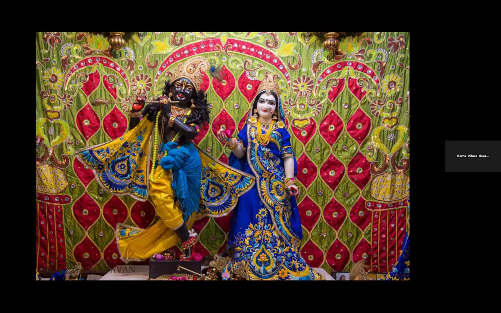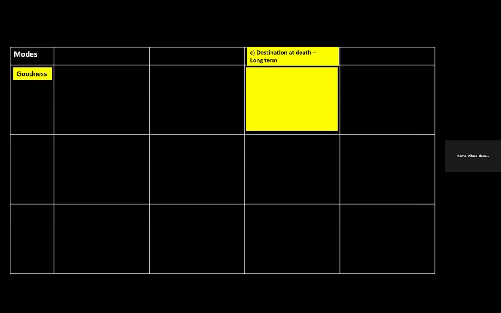Let's populate the chart again. So now we are on the third column, C, titled Destination at Death. Now this is long term. It comes from verses 14 and 15. The box for goodness and destination at death comes from verse 14: attains pure higher planets of sages.